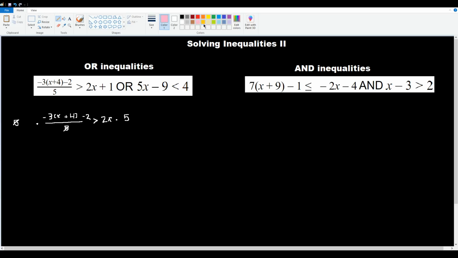That is going to give us negative 3 times x plus 4 minus 2. And on this side, we will have 10x.